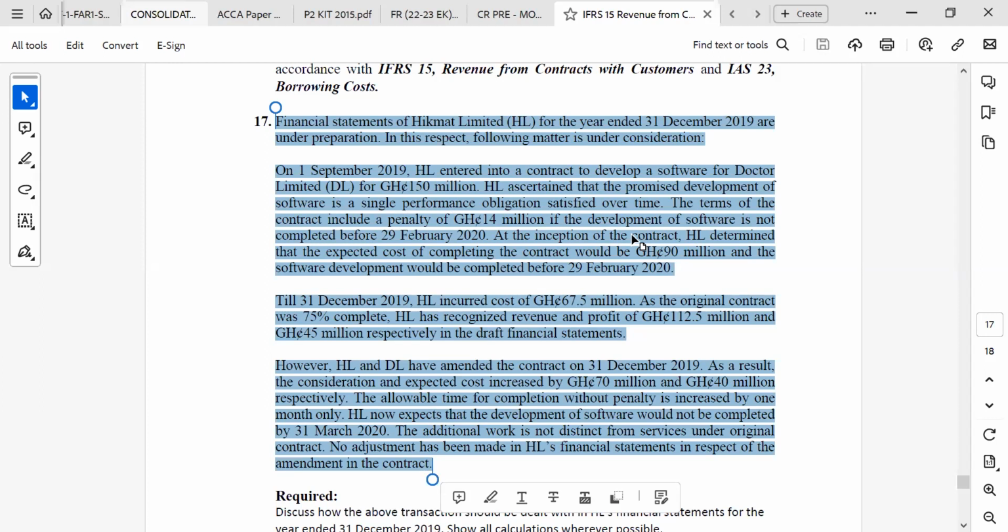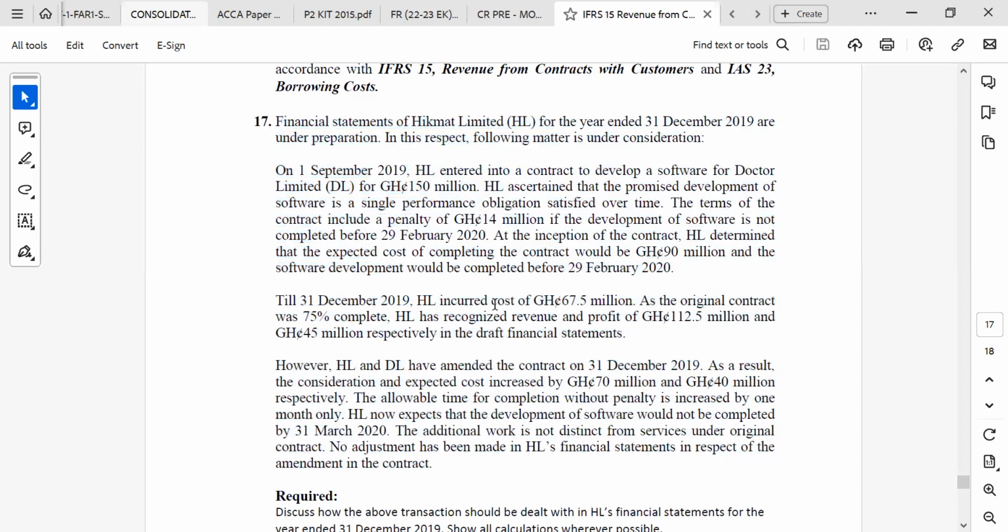Maybe you have started and the person says, add another floor so that it will be a 4-story building. It means it is the same work and the contract has been modified. So you also have to re-estimate your total cost and the revenue that you'll be recognizing. That is the question here. Question 17 is about re-estimation of the total cost.